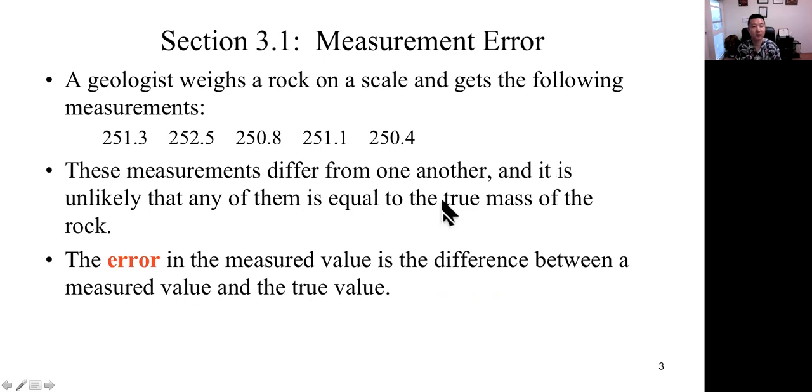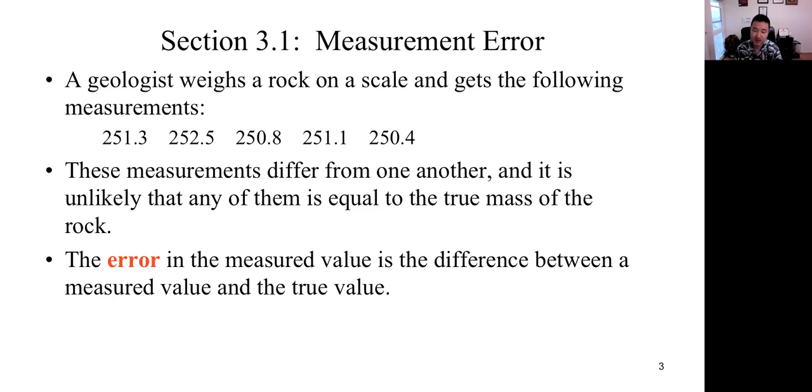For example, we weigh a rock on a scale and get the following 5 measurements: 251.3 and so on. As we can see, the measurements differ from each other, and it is unlikely that any of these measurements is exactly equal to the true mass of the rock. The true mass of the rock, in this case, we do not know.